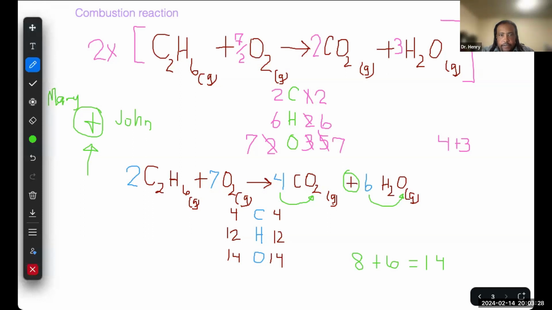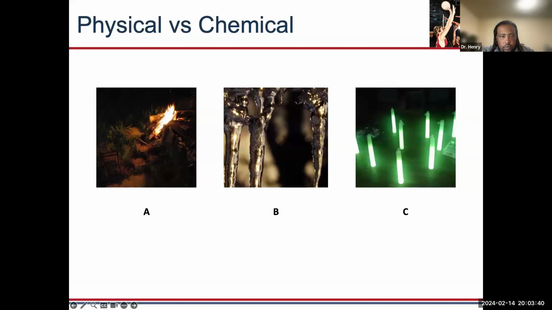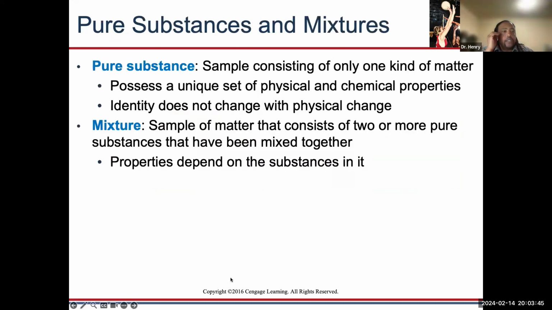Okay, let's go back to the lecture. So we've talked about balancing chemical equations, compounds, and molecules. We also have ways of defining matter, right?